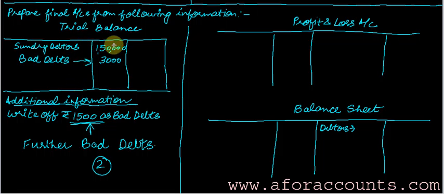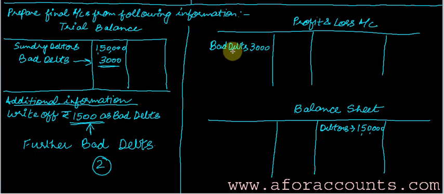Let's start. Debtors 1,50,000. So in my balance sheet, debtors 1,50,000 in the inner column. Okay, what do I do for the bad debts? Only for this 3,000, as it is in the trial balance, I will place here bad debts 3,000.